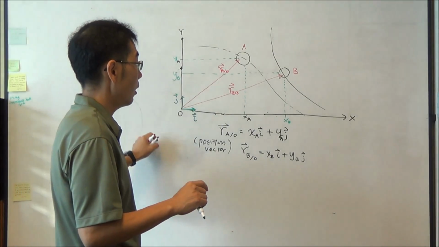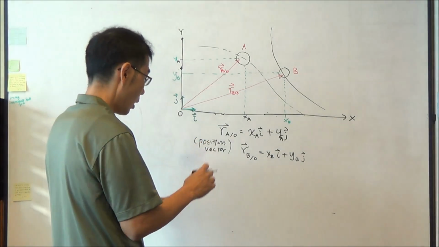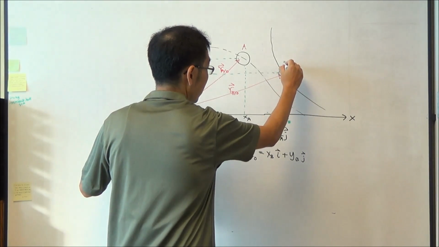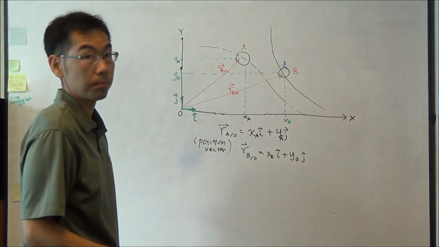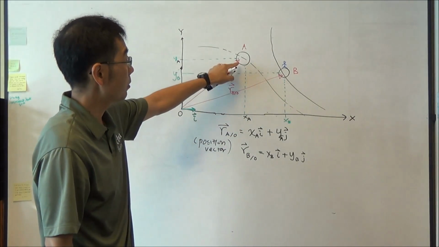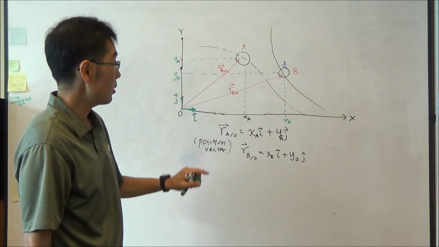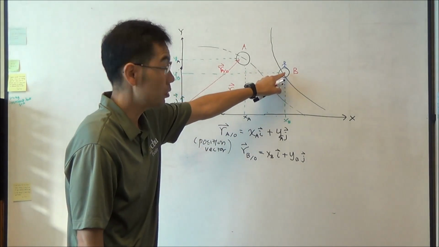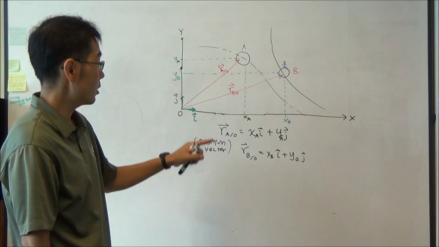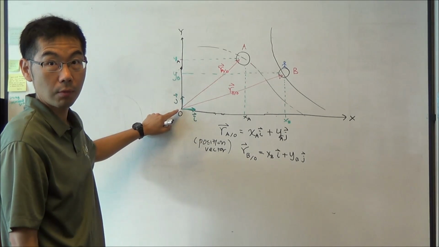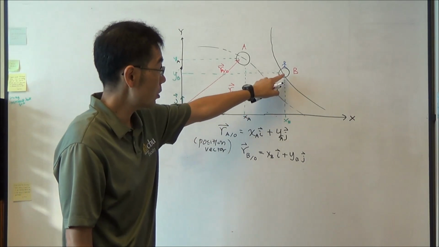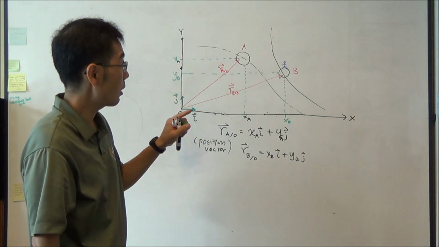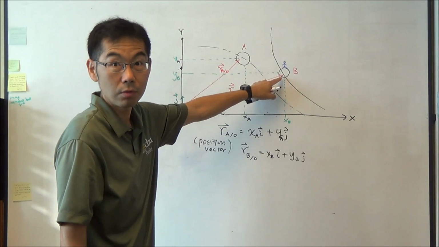Just imagine that you are on object B and observe the motion of A. That's the relative motion of A with respect to your position. It's not from your origin, which is fixed, but your position is also moving as a function of time, and you want to describe the motion of A with respect to your position.